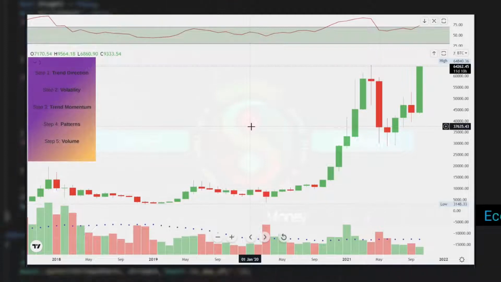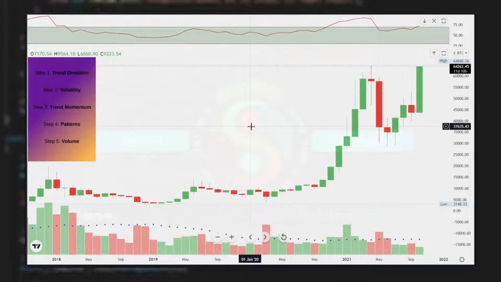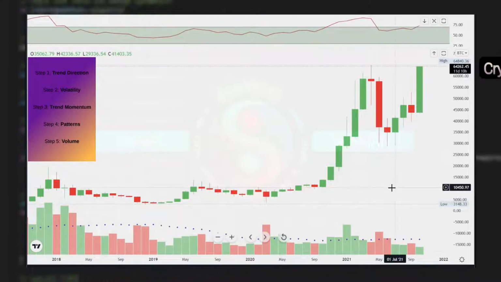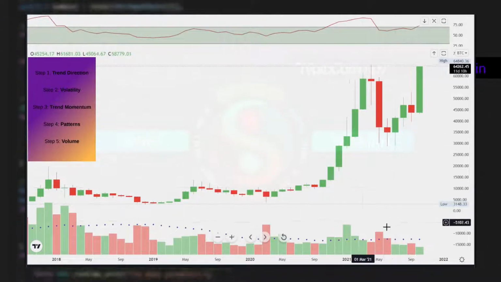First, we will try to check if there is a trend and find the direction. Then we analyze volatility and trend momentum. After that, we try to discover patterns. And at last, we analyze volume.